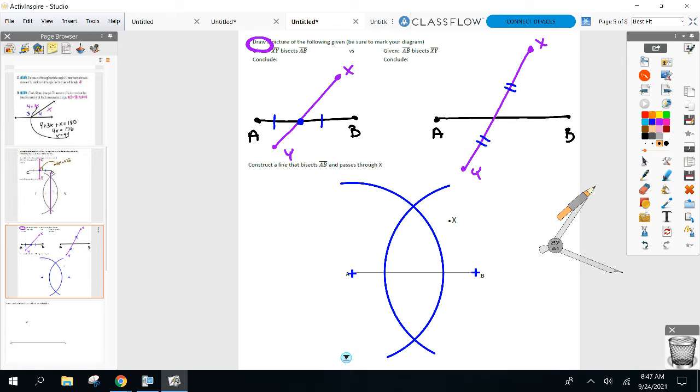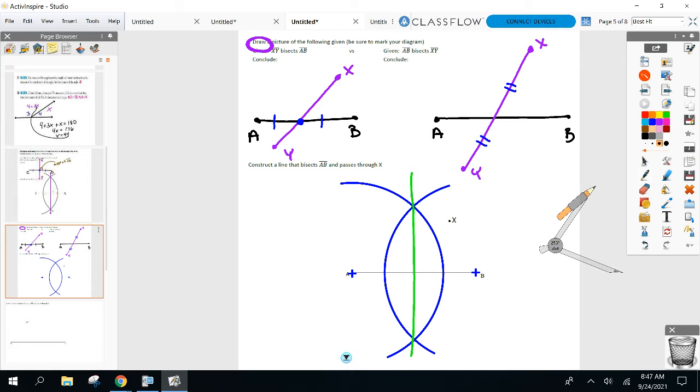Sure, you can draw the line through, but that's not answering my construction because it won't go through X. Anybody know how I can use this to my advantage right now? You draw the line through, and then the midpoint and X. Okay, so if you want, you can draw the line through.